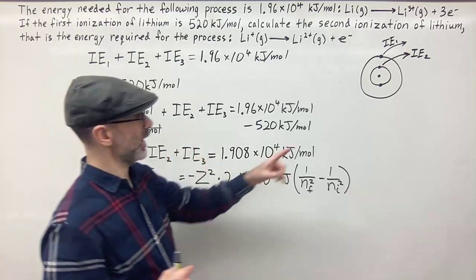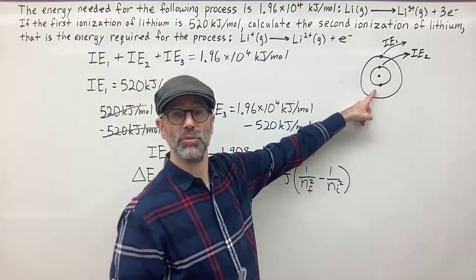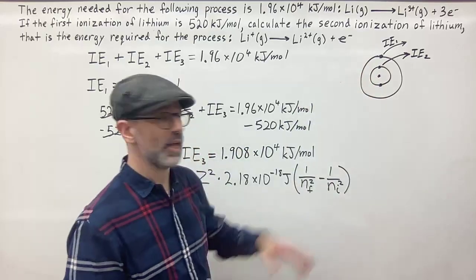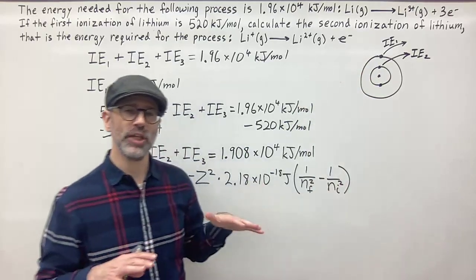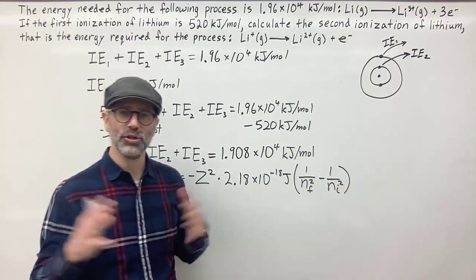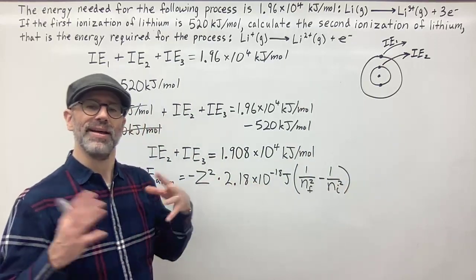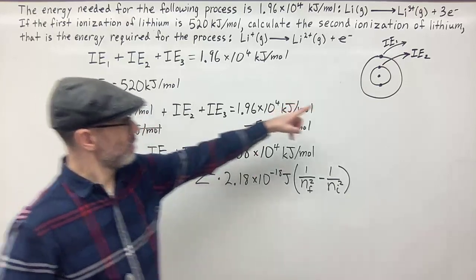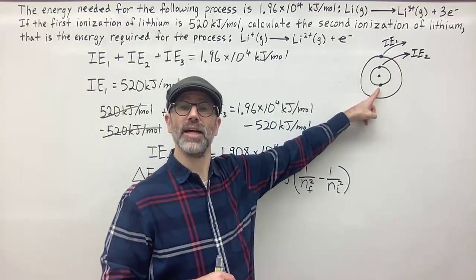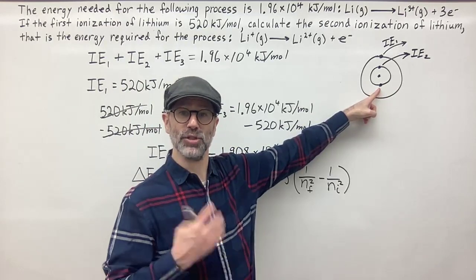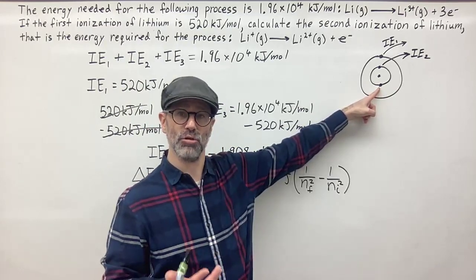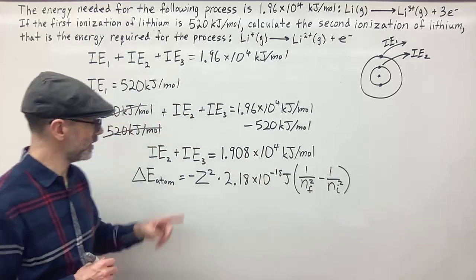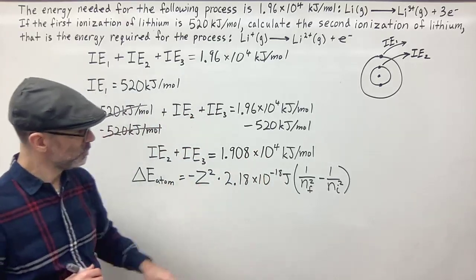However, in this case, when you remove all of the electrons, you only have 1 electron left over, so there's no shielding going on, there's no penetration, you don't have to worry about figuring out what the effective nuclear charge is, so this electron feels the full force of the nucleus. So whatever number of protons in the nucleus, that's going to be your Z.